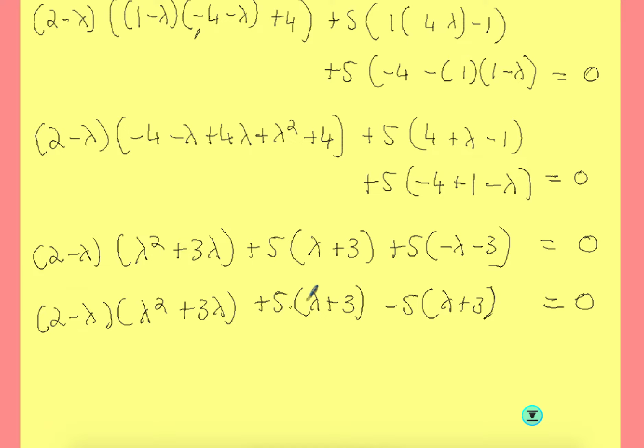And that's got 5 of them, and that's got negative 5 of them. So these two things are actually cancelling each other out, because that's like 5x, take away 5x. So these two things here cancel each other out. So what I'm left with is 2 take away lambda, lambda squared plus 3 lambda equals 0.